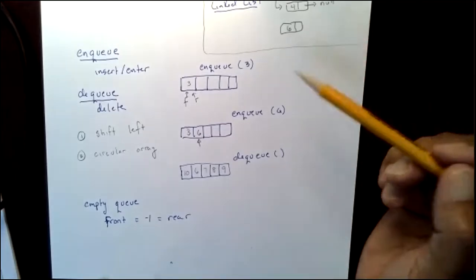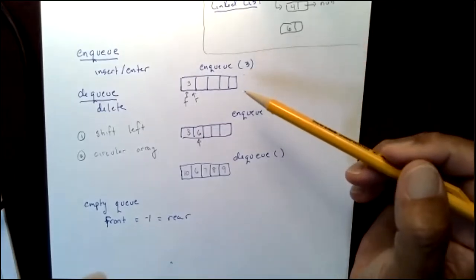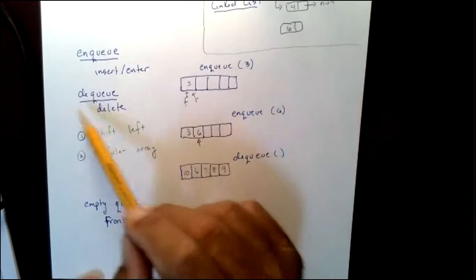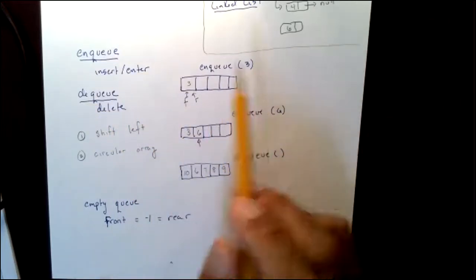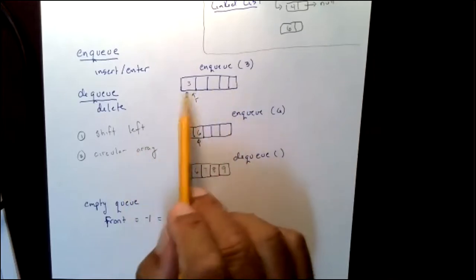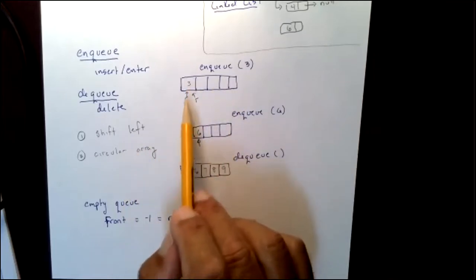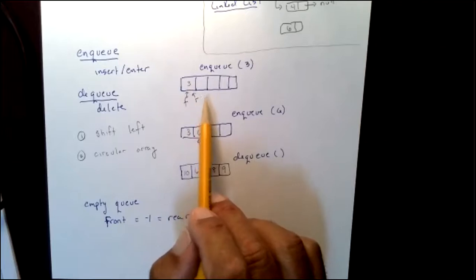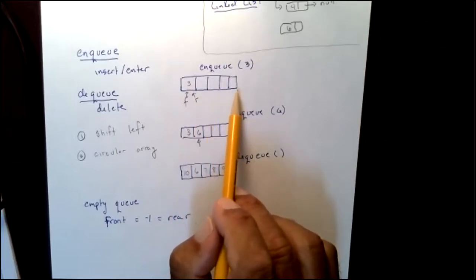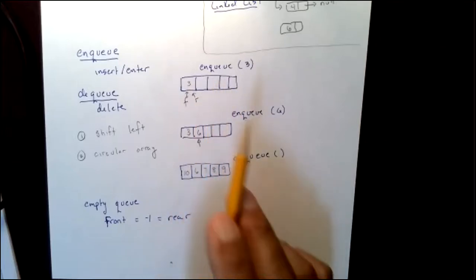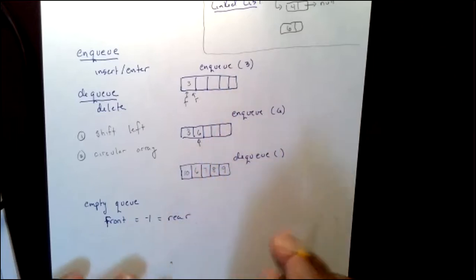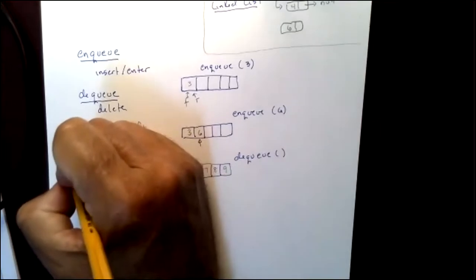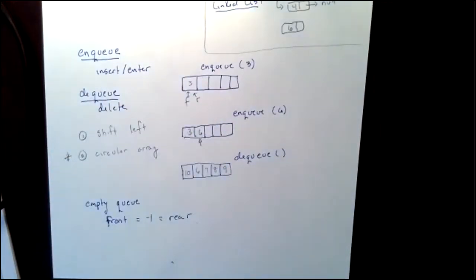So when I'm thinking about working with NQ and DQ, and I'm going static, our choices were shift everything to the left, so the front is always 0, but the rear would move and just get subtracted by 1 every time we DQ, or use the circular array. Well, the one that gets the star is going to be the circular array.